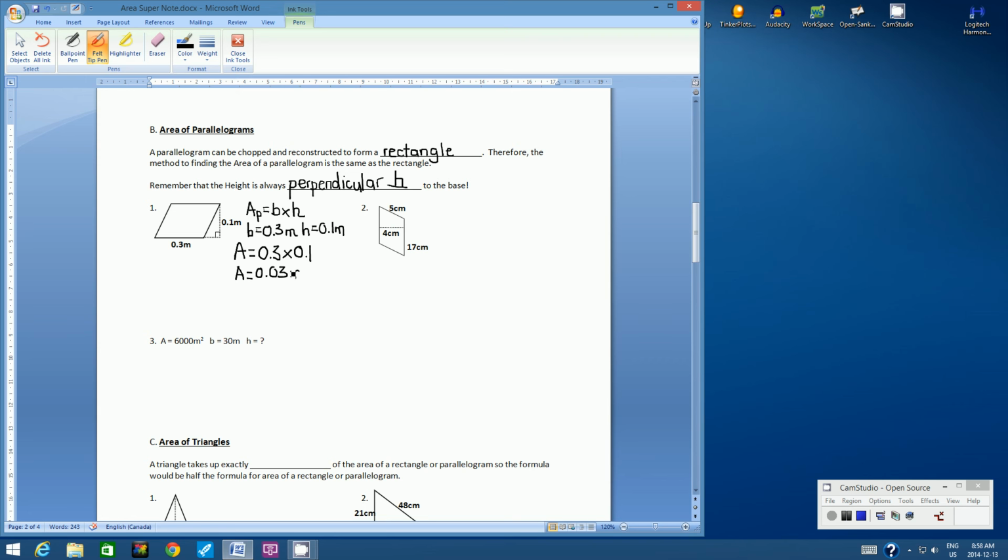And don't forget our units. Our linear measurement was meters. And because this is area, don't forget the squared. Therefore, the area is 0.03 meters squared.